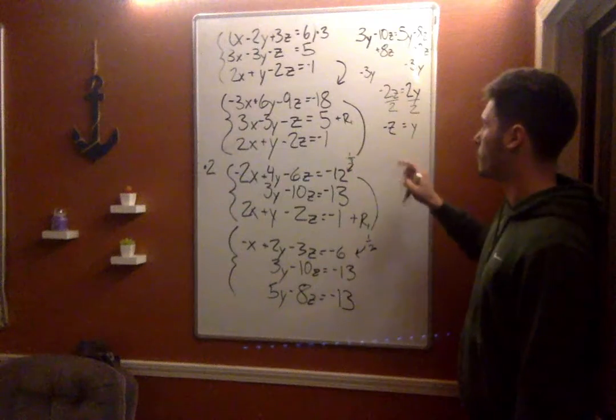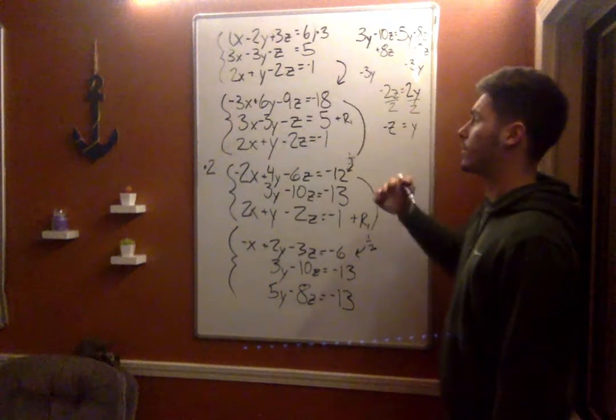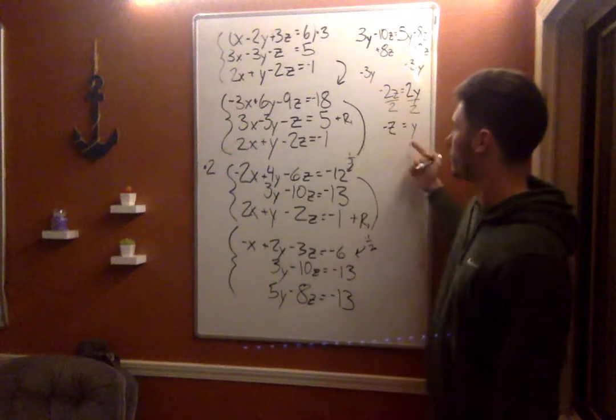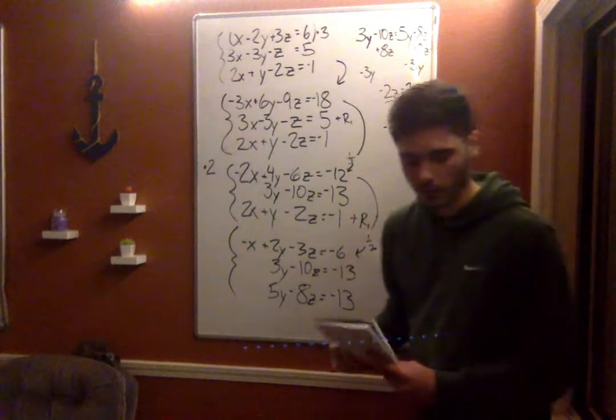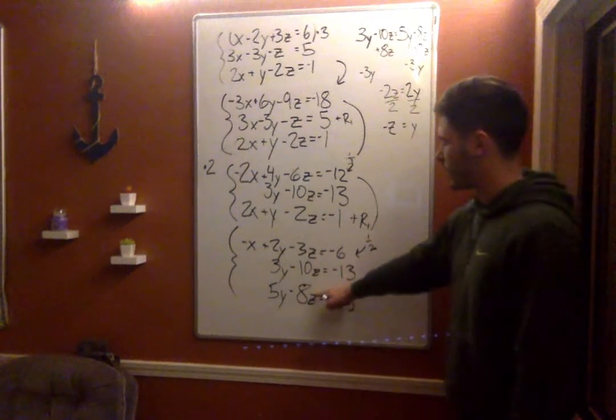And that doesn't give us a value yet, but we know that we can plug this back into the original equations to get our other values. We can plug it back into anything, so let's plug it back into something simple like this down here.